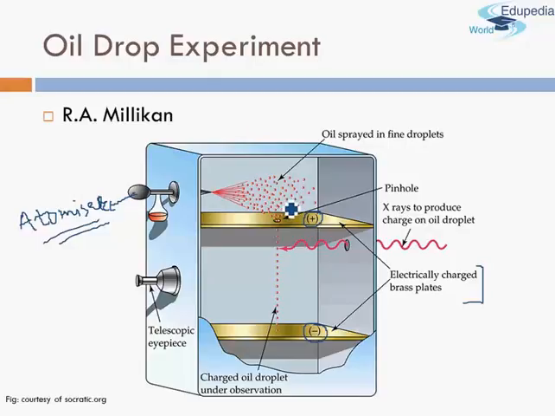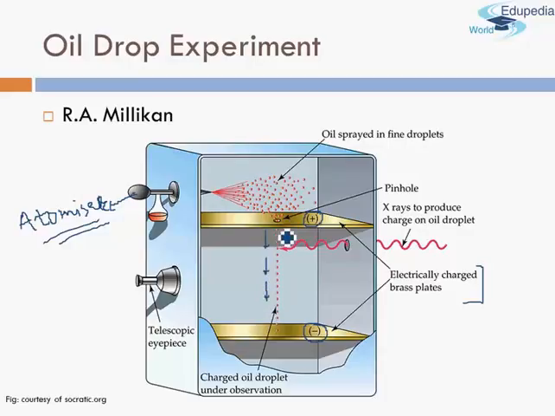So gravitational force is going to pull them down towards the bottom plate. Every droplet will like to go towards the bottom. Hence we have only made a pinhole here so that only a few droplets can enter at a time, and it will be easier for our observations and calculations. So one by one, let's see these droplets start their journey downwards.